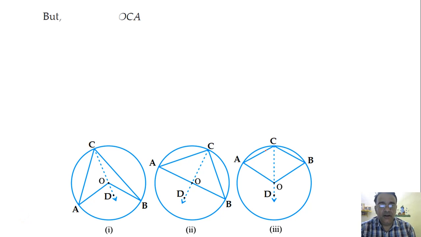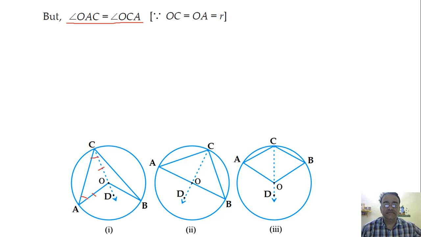Right. Now, angle OAC is equal to angle OCA. Why? Because OC is equal to OA, radii of the circle, and we know that angles opposite to equal sides are also equal, right? Similarly, these two angles are also equal, this one and this one.